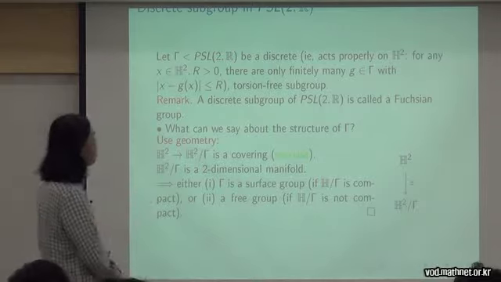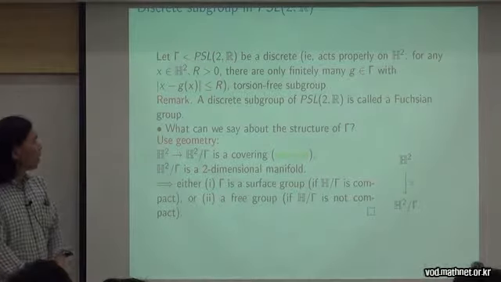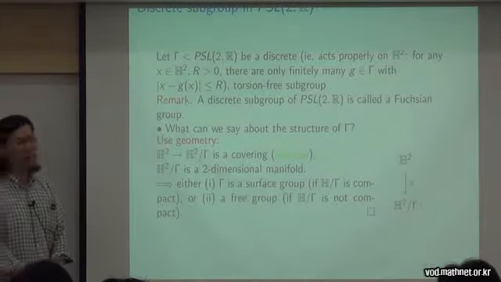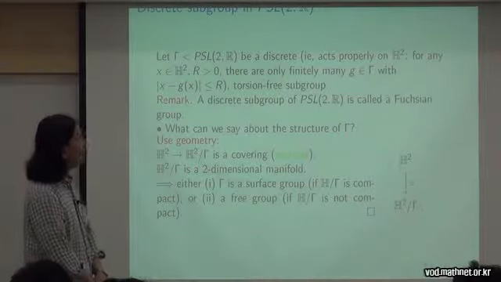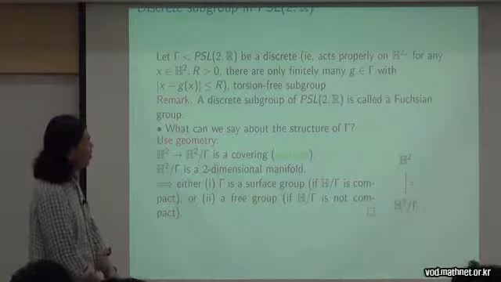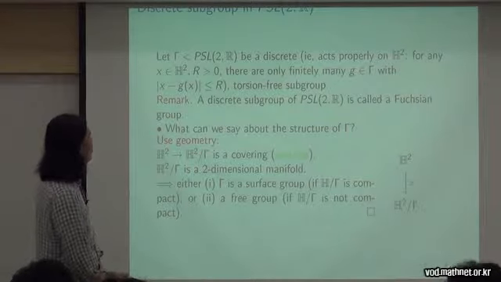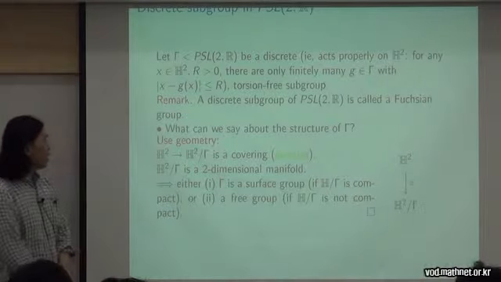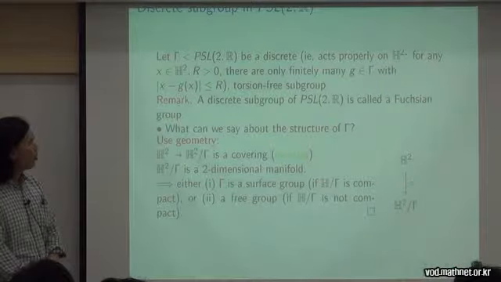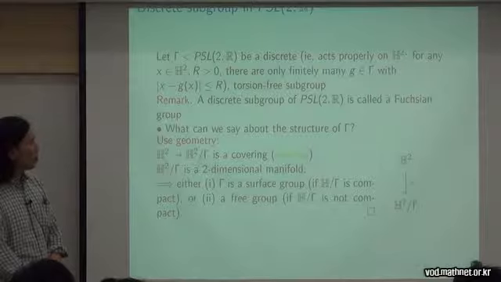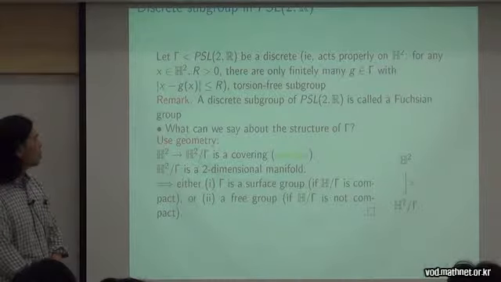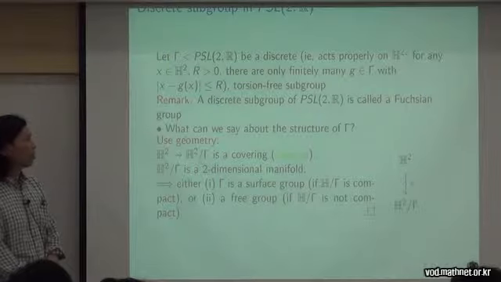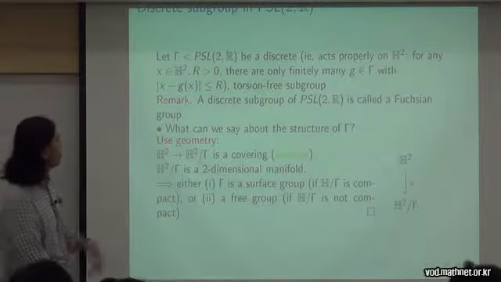By discrete, I mean I use the action on the hyperbolic plane, namely this gamma acts on the hyperbolic plane properly, namely for any point x in the hyperbolic plane and any number r, there are only finitely many group elements in gamma that map x to the ball of radius r centered at x.